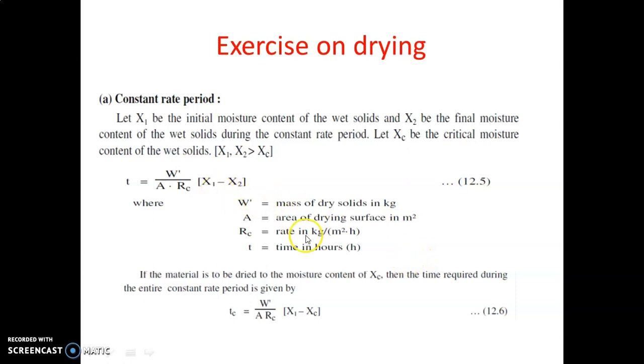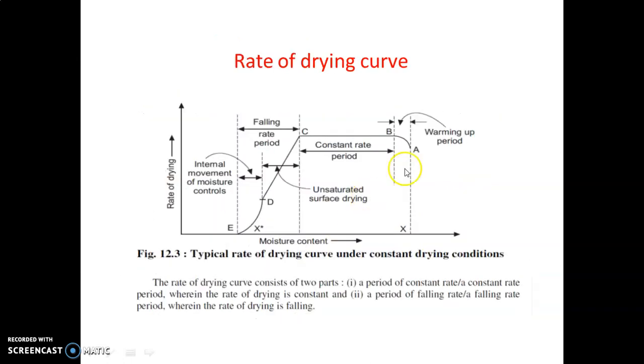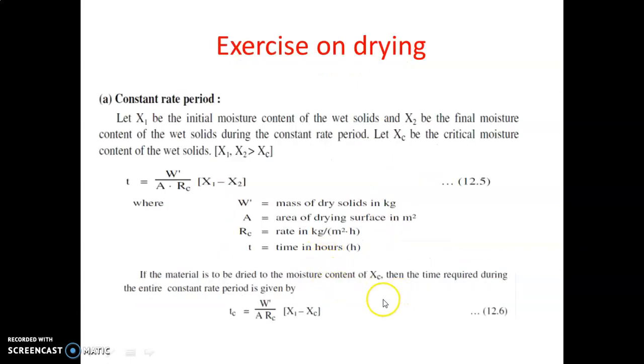Here X2 lies from here to here, but if X2 becomes Xc, then you have to change this formula slightly. The same formula is written like this: T is equal to Tc is equal to W dash divided by A into RC, multiplied by X1 minus Xc.